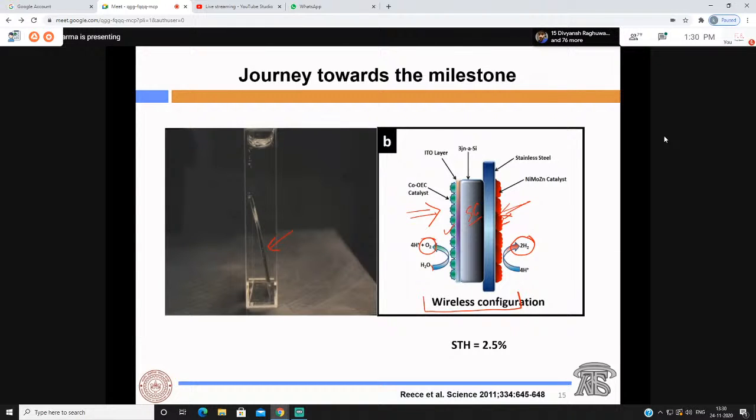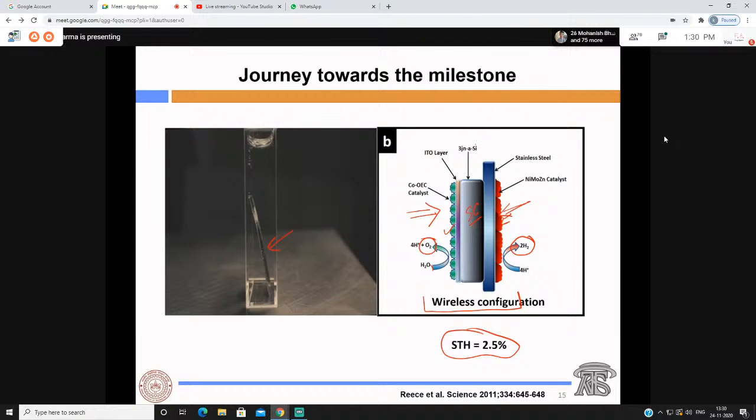So the efficiency of the device not only depends upon the hydrogen and oxygen evolution efficiencies, but also depends upon the efficiency of the solar cell. So if we use a highly efficient solar cell, then our solar to hydrogen efficiency will improve. Okay, just keeping this point of view in mind, the research has moved further.